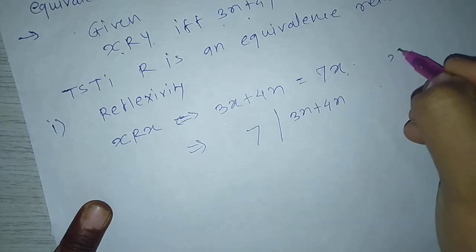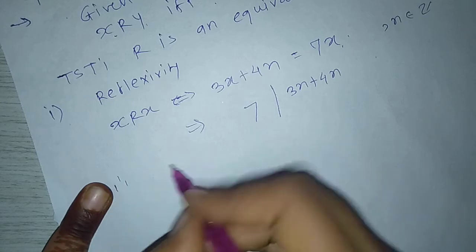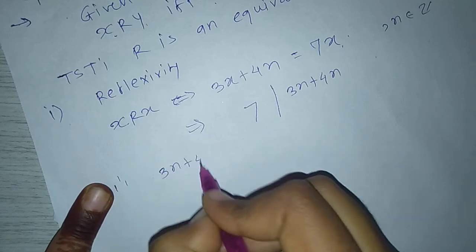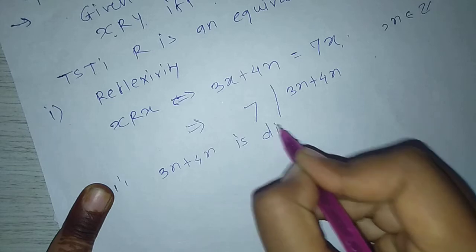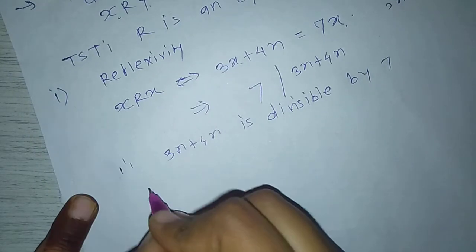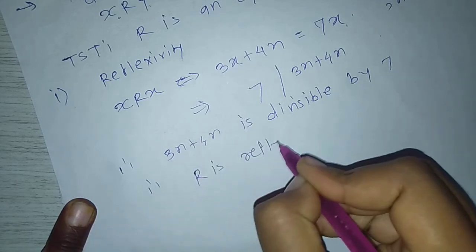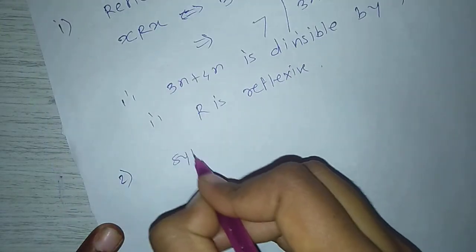Here x belongs to Z. Therefore 3x plus 4x is divisible by 7. Therefore R is reflexive. Next, symmetric.